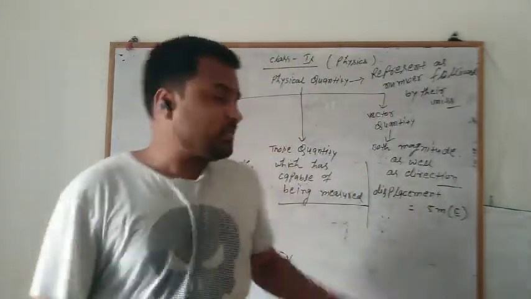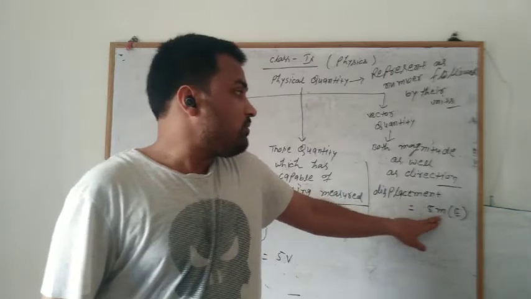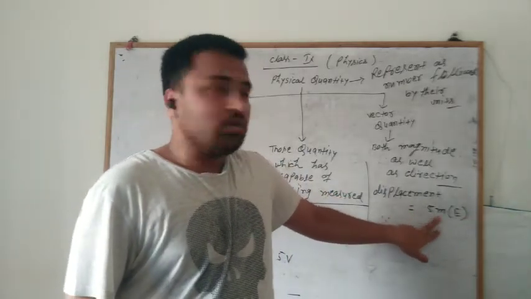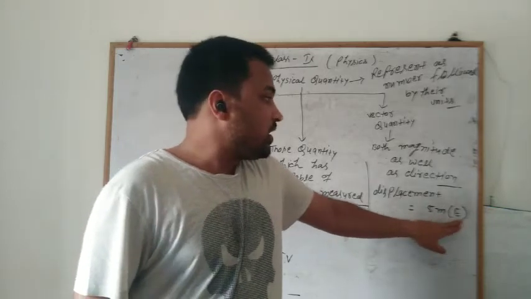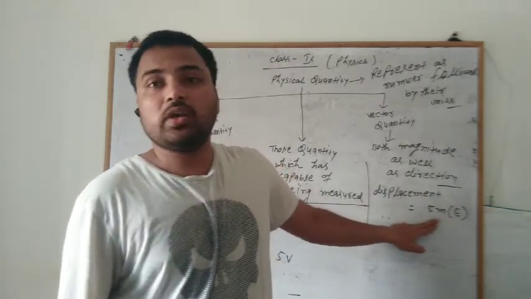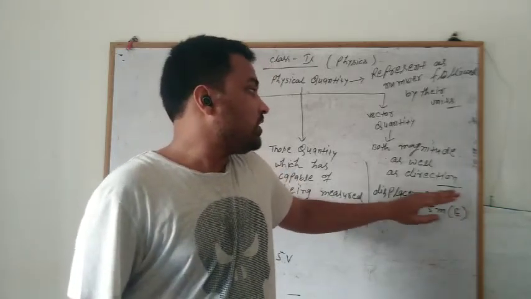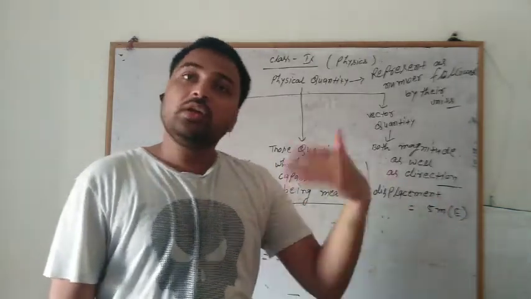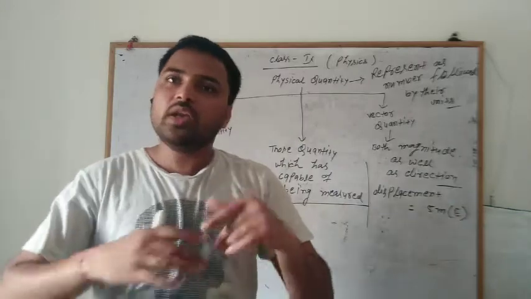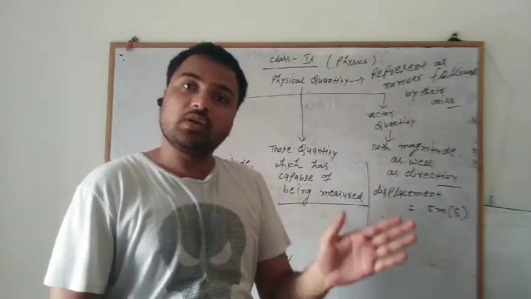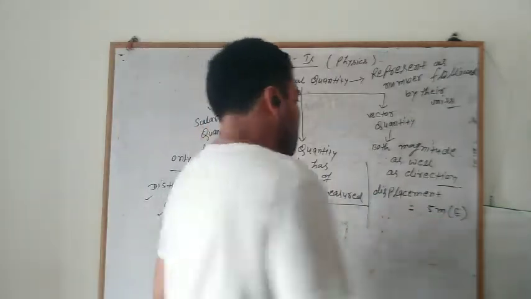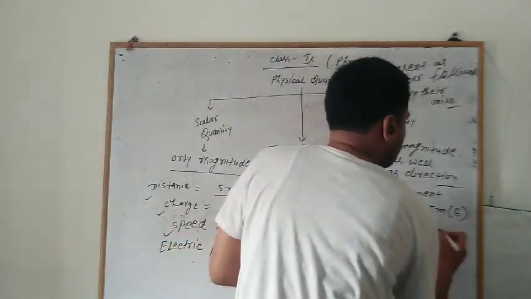We write displacement as 5 meter in the east direction. Here is the magnitude, and the direction is associated with the magnitude, and in this way it is clear that the body is displaced 5 meter in the east direction. It will not move anywhere, it will move in a particular direction, that is the east direction.